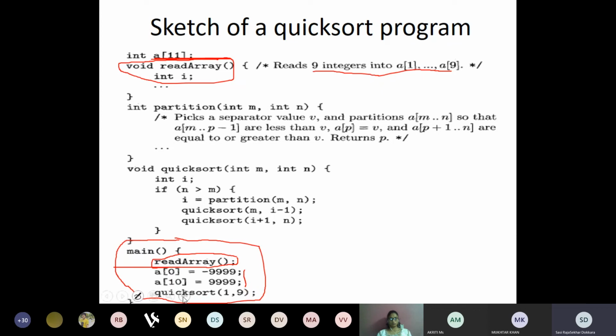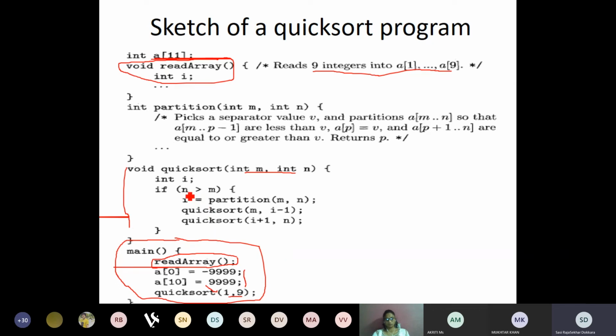Then the main program calls the quicksort program. The quicksort is going to be called now, and it is going to pass the parameters 1, 9. So once it is called, we go to the quicksort program here. This quicksort program has 2 parameters, which have come as the 2 arguments 1 and 9.